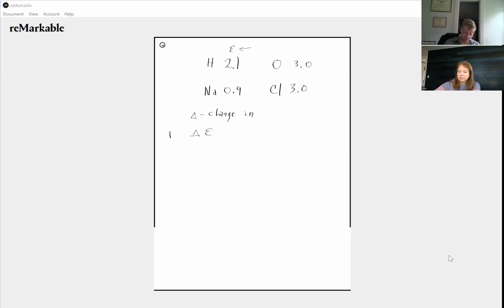So for sodium chloride, notice that chlorine has the larger electronegativity, so I'm going to put that down first. The change in electronegativity, which we know is an ionic compound, is 2.1.